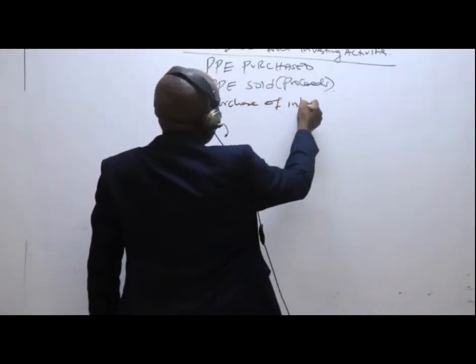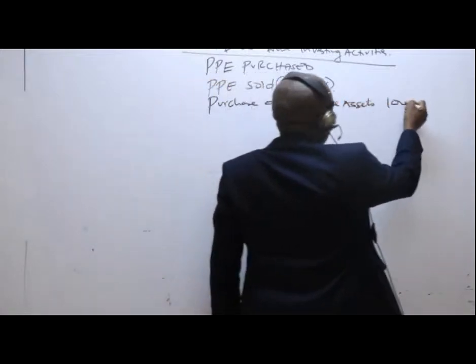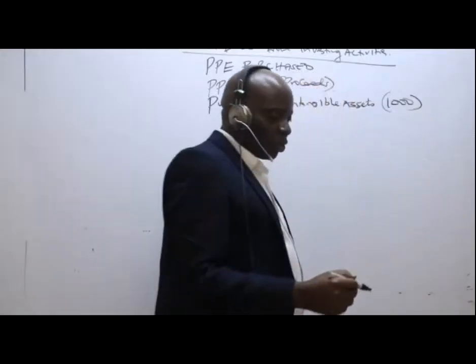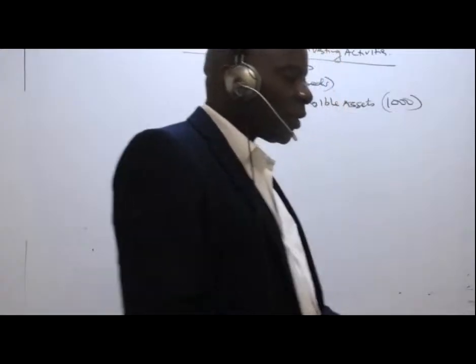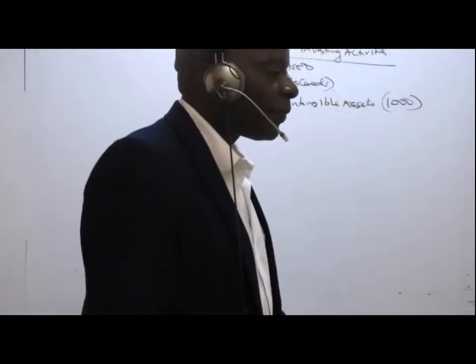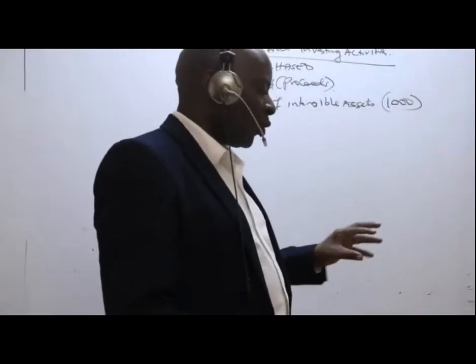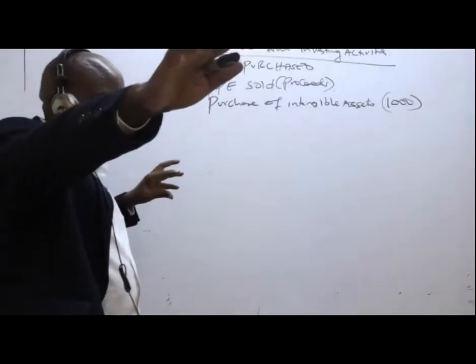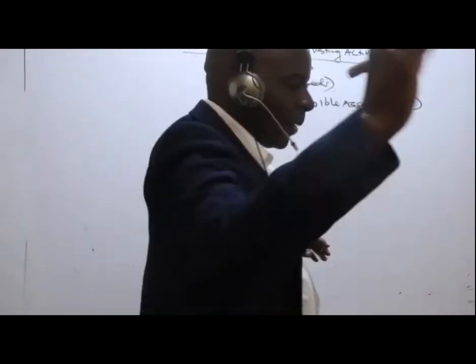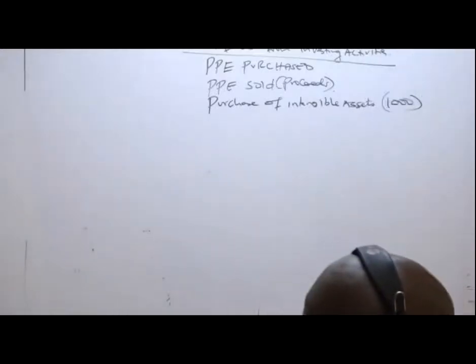I'm putting this in brackets because the intangible asset came, money left. It's a cash outflow.